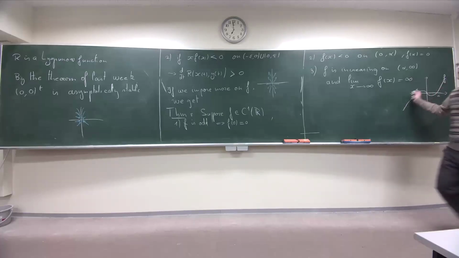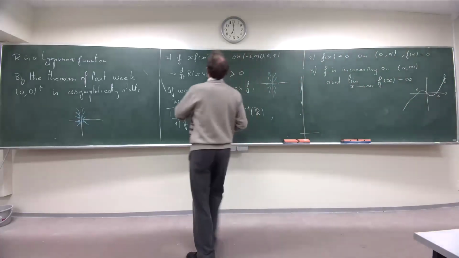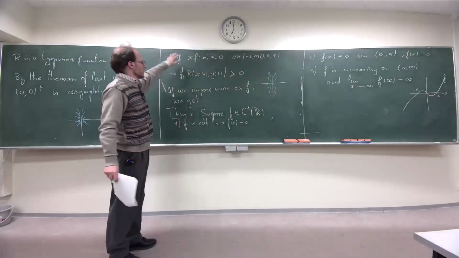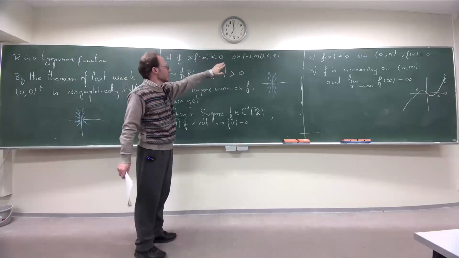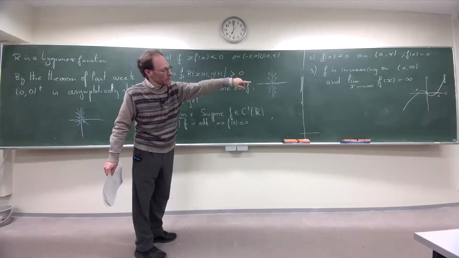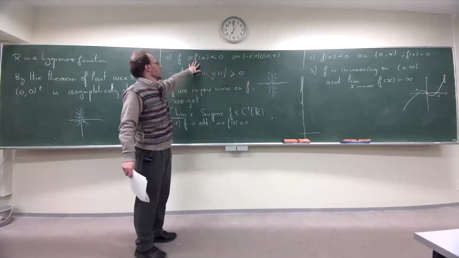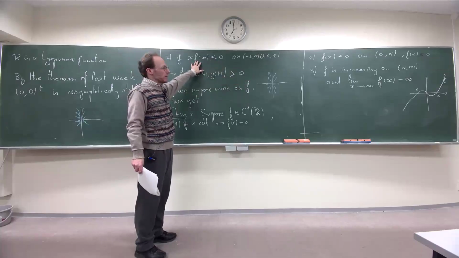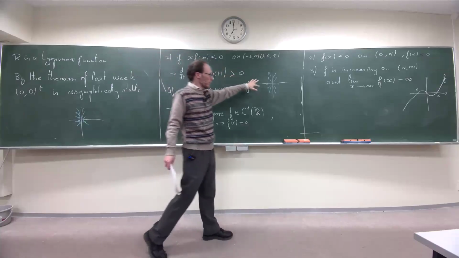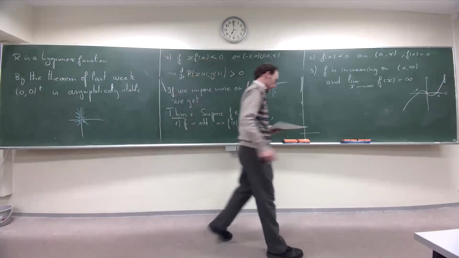And look, we are probably still on this case. If f is negative, or more precisely, if f has this shape near 0, we are in this framework. So it means 0 is going to be repulsive, but we can say more.